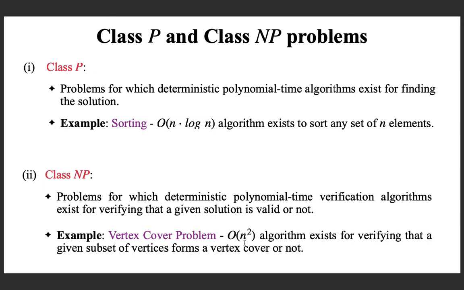You check for every edge, whether one of its vertices is in the given set or not. So that is what you have to do. So it is an order of n square deterministic algorithm because n square edges are there in the maximum case. So this is class P and class NP.